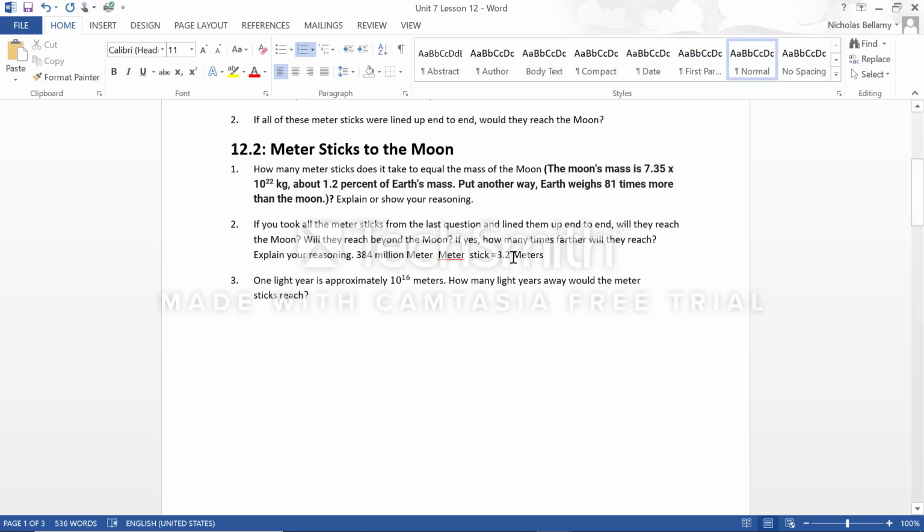And then I'll tell you, once you find out how many meters the mass of the moon is, right, and then how many meter sticks does it take to equal the mass of the moon? Then you'll be able to determine if it's 384 million meters, then it'll reach it. If not, it'll be less than, right? I believe, sorry, this division was for the other one. But yeah.